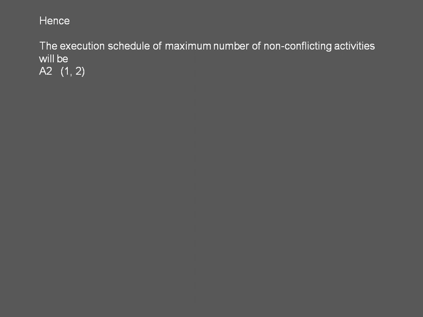Hence the execution schedule of the maximum number of non-conflicting activities will be as follows. In our solution set there are a total of 4 activities, so we write each activity with its start and finish time.